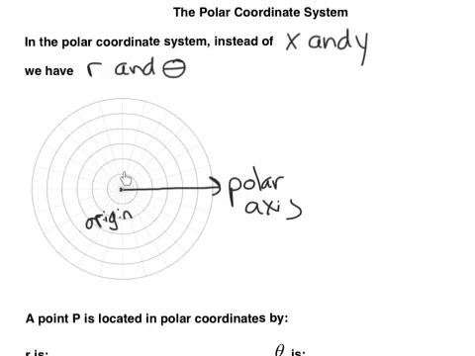Every circle is a different radius value, and the lines that come out from the center are different angle measures. So we can still find a point on the grid using a radius and an angle measure. We're going to further define this system and learn how to use it.